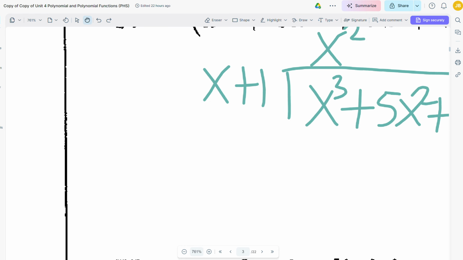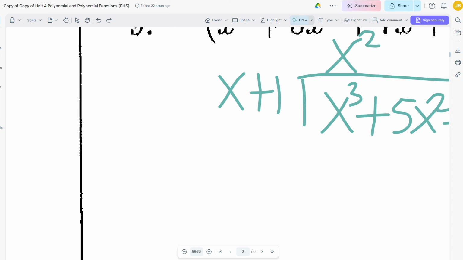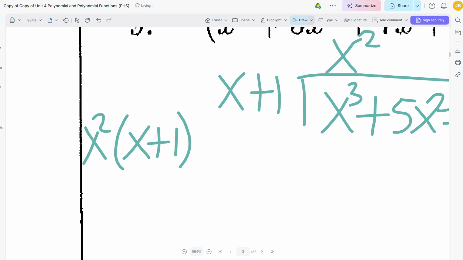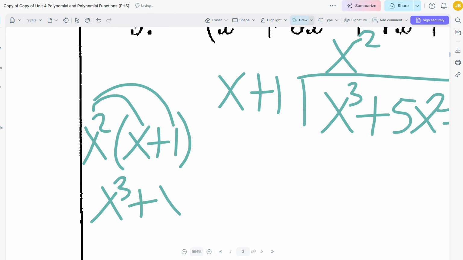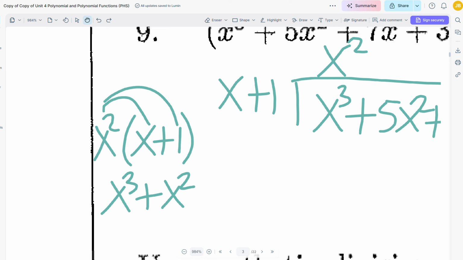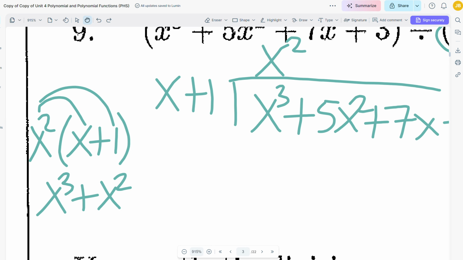This is side work here. So x squared, parentheses x plus 1, distribute. x squared times x is x to the power of 3. x squared times a positive 1 is still a positive x squared. So we're going to go ahead and write that down here. x cubed plus x squared.